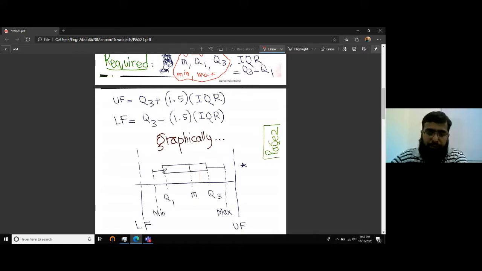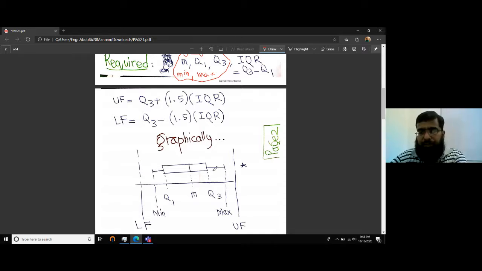And we have 2 whiskers, 2 lines, one on the left and the other on the right.